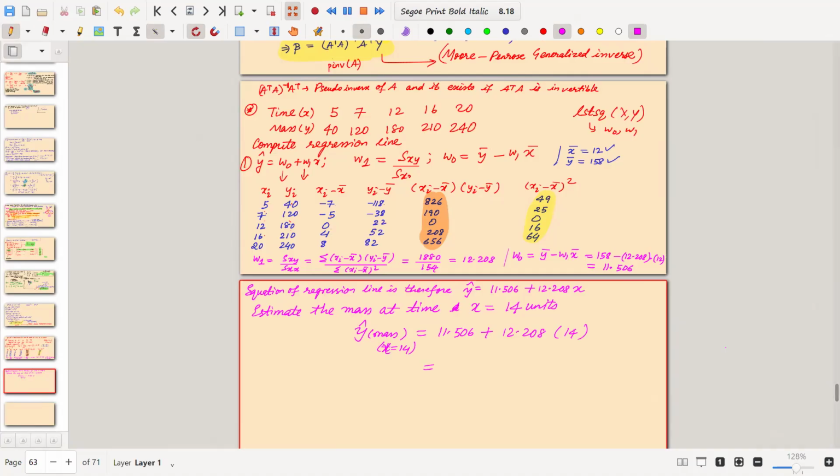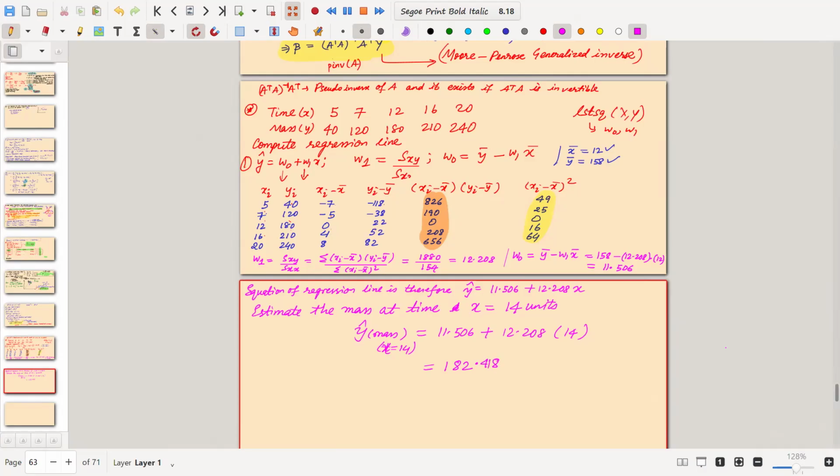So what is this value? 182. Exactly. 182.18.